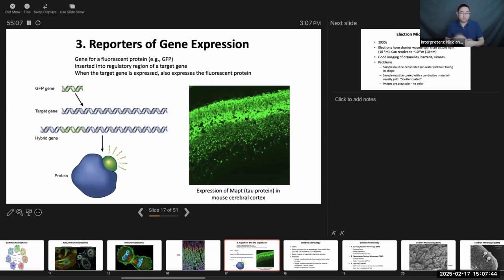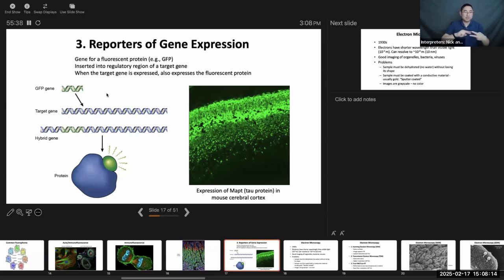So what you do is you genetically engineer some cells. You take the gene that you're interested in, and you actually insert the gene for green fluorescent protein into that gene. So this little graphic here shows the gene for green fluorescent protein, and it's a very small protein, so the gene's not very big. You insert that into the DNA of some other target gene.